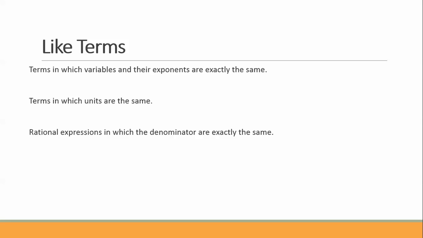For instance, 3x squared and 2x squared are like terms. 4x squared y and 7x squared y are like terms.